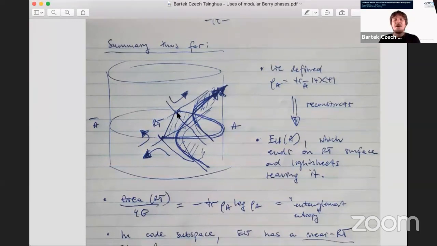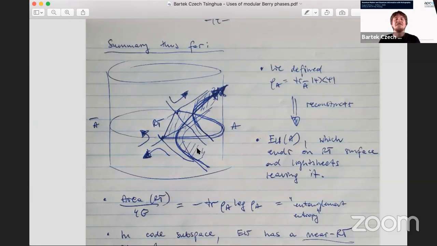Okay. In the CFT, we defined an object called rho A, the reduced density matrix on A, by tracing out A bar. And the statement is that the information in rho A in the CFT and all information about this entanglement wedge of A are equivalent to each other.